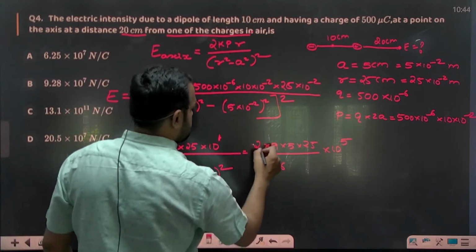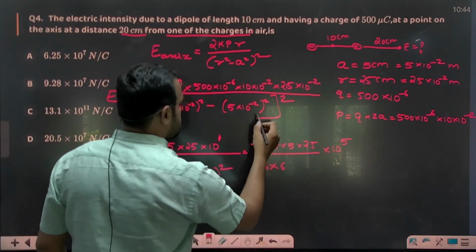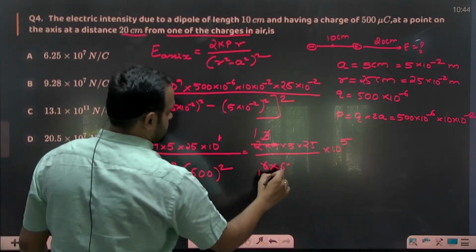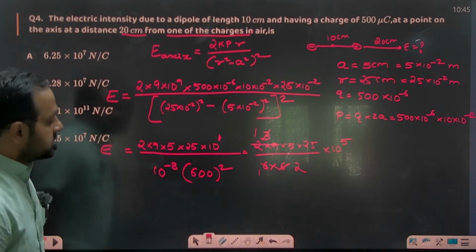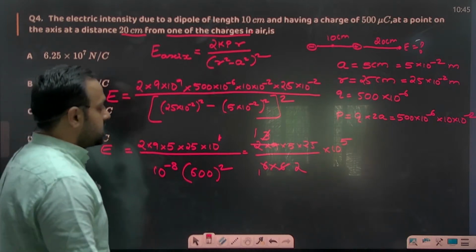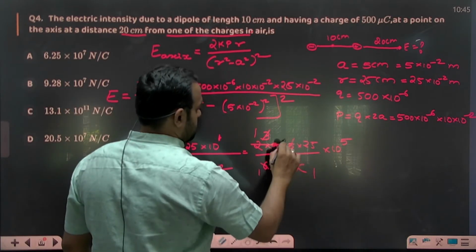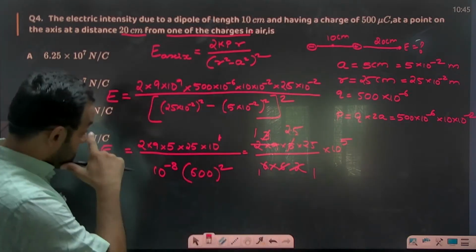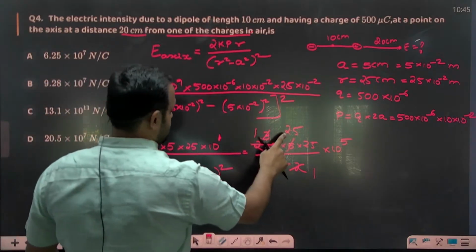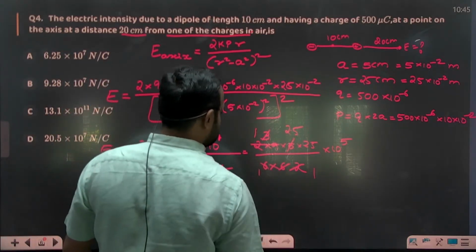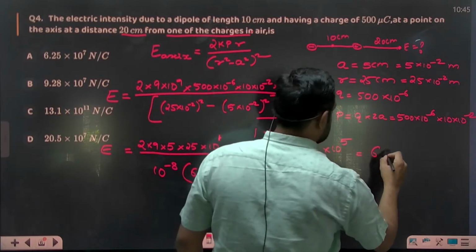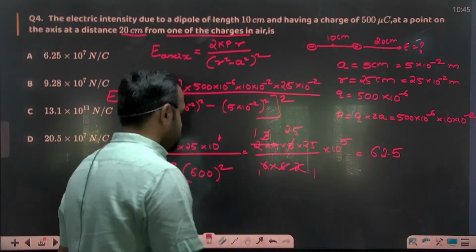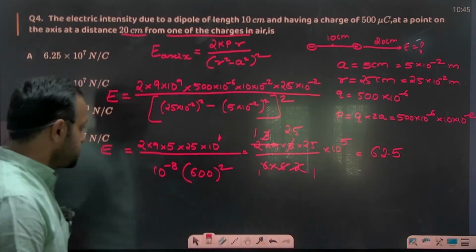6 1s are 6, 6 3s are 18, 3 1s are 3, 2 6s are 12. Okay, so this is 25, 25, 625, 625, so this is 62.5. Is the 10 also there?